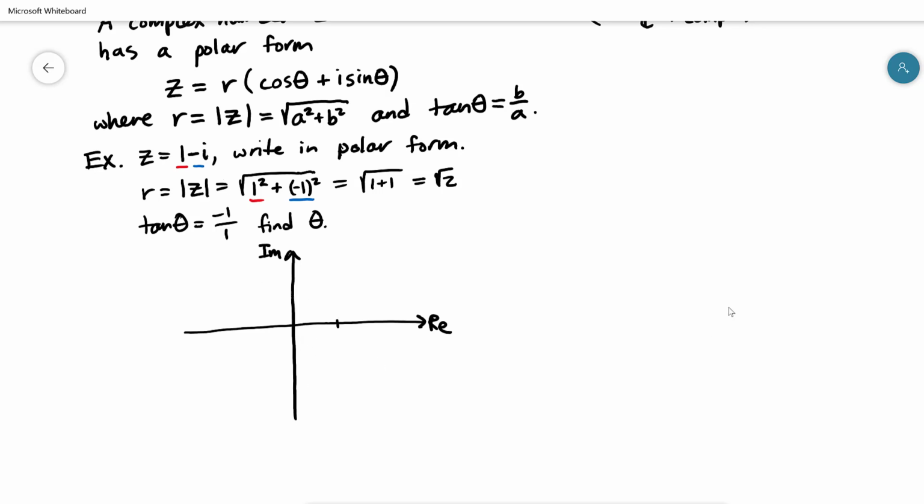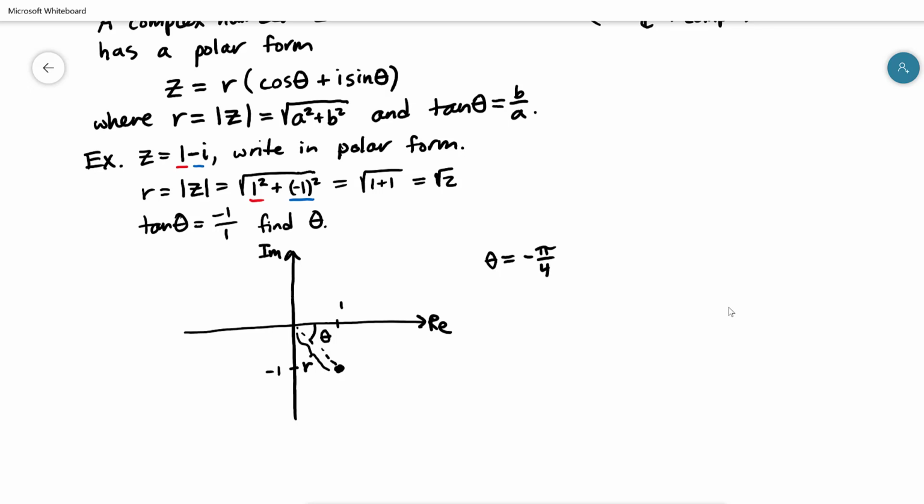So I'm going to go 1 in this direction, I'm going to go -1 in this direction, and it's the point sitting right here. And so that distance right there is our modulus, so that distance is our square root of 2. This is our value of r. And this angle right here is the theta that we need. And it looks like in this case, based on this picture, theta is going to be equal to -pi/4.